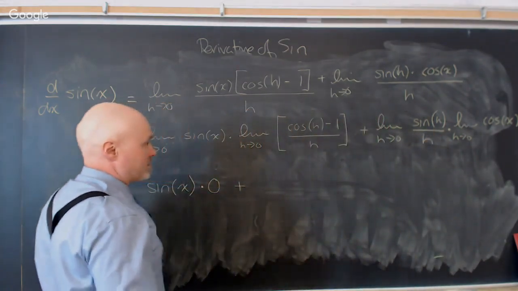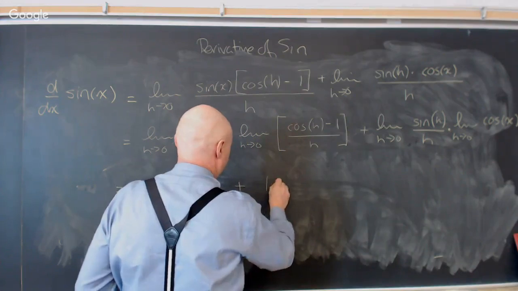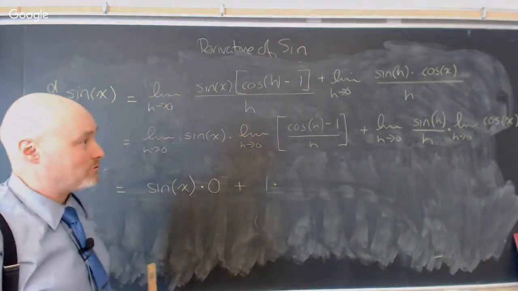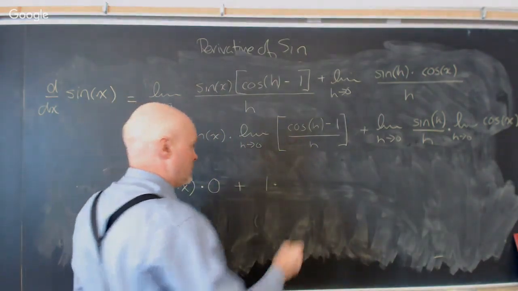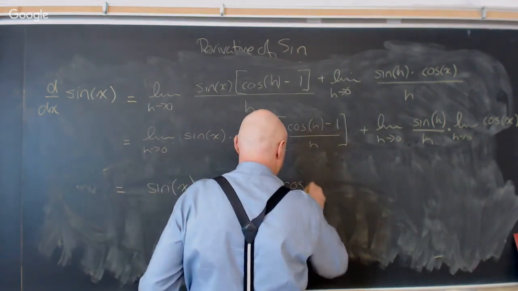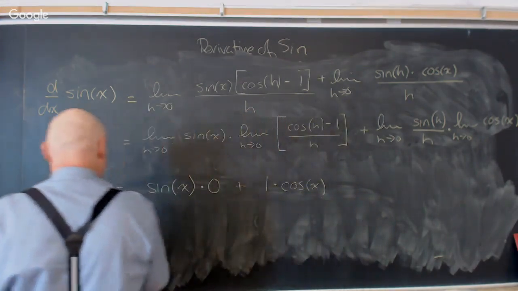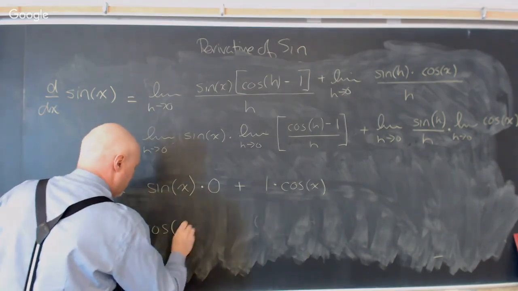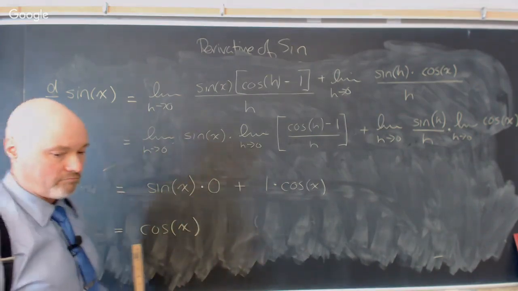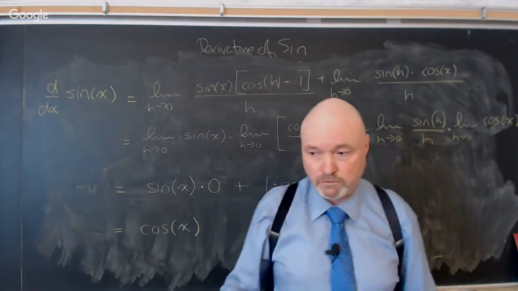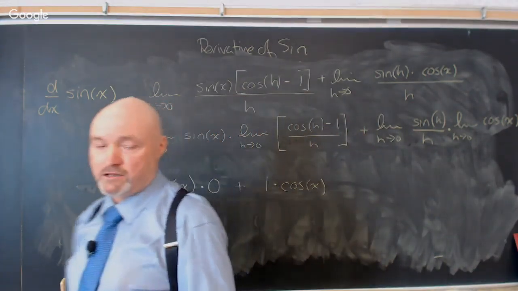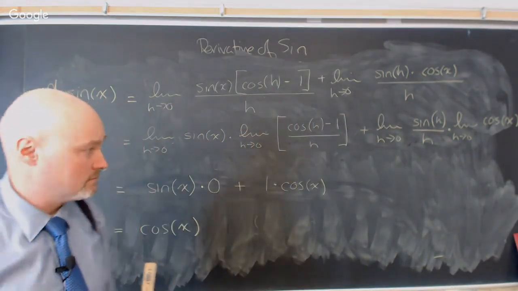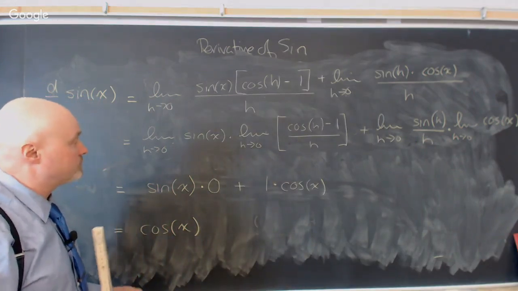The limit as h goes to 0 of sine h over h is 1, which is often so trivial I don't even write it, although 1 is a very important number, times cosine of x. And so the derivative of sine x is the cosine of x. Pretty simple. The derivative of a periodic function is another periodic function, and I think that makes sense.